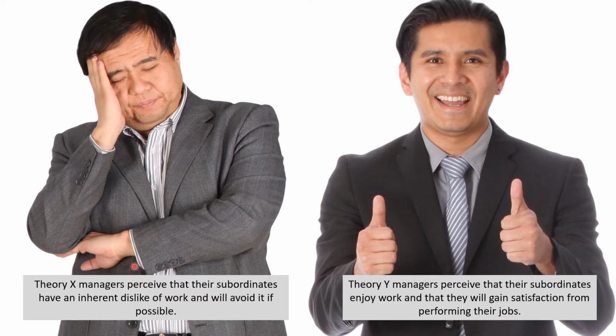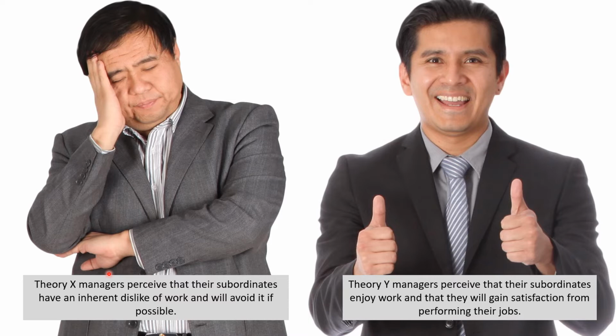Meaning, just remember that X means the manager assumes that the subordinate, his employee, doesn't like to do work. So he has this perception that this employee doesn't like to work, and of course when you don't like to work, you will try to avoid doing the task at all costs. You will try your best to avoid everything. If the manager asks you to do the task, you will give 1000 excuses so that you will be excused from doing the task.